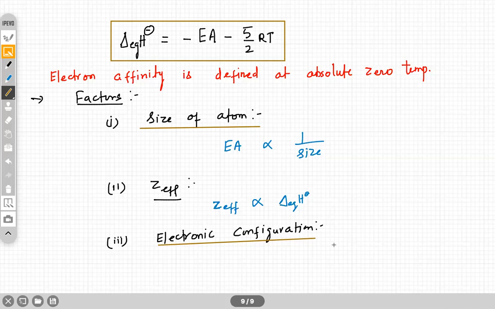The elements with half filled or full filled orbitals are more stable, and they do not take up electrons easily.